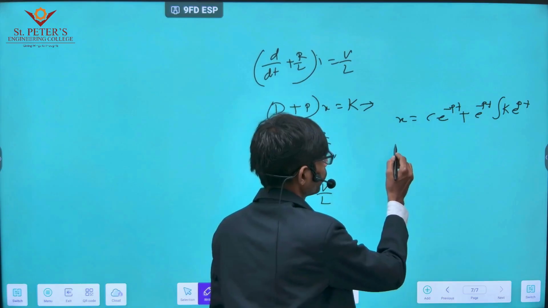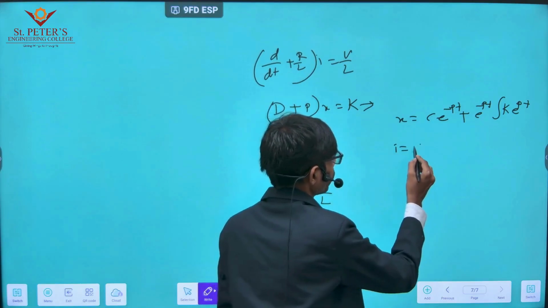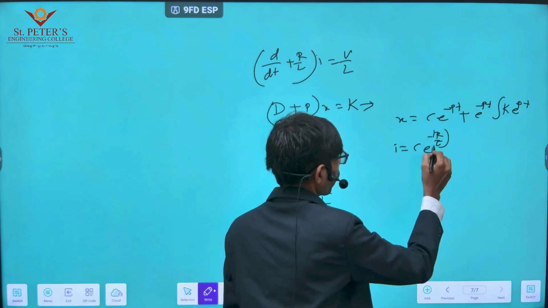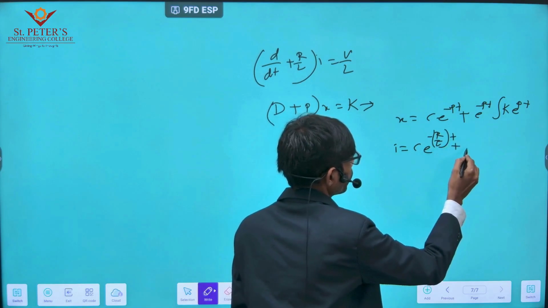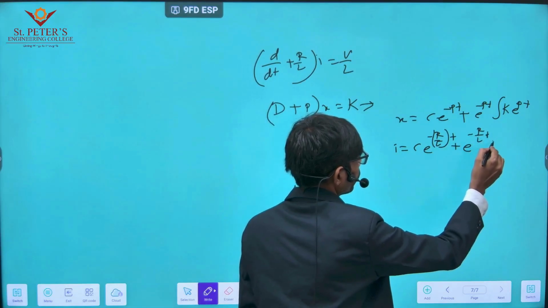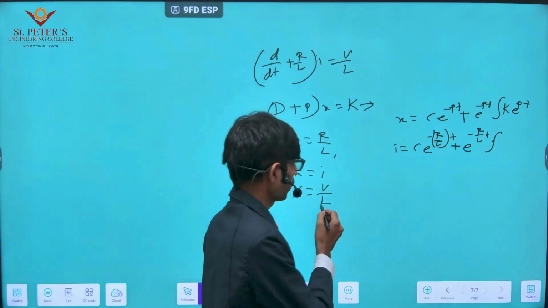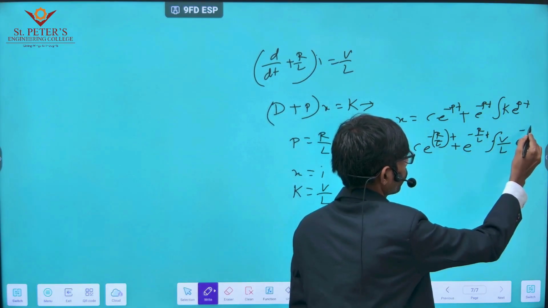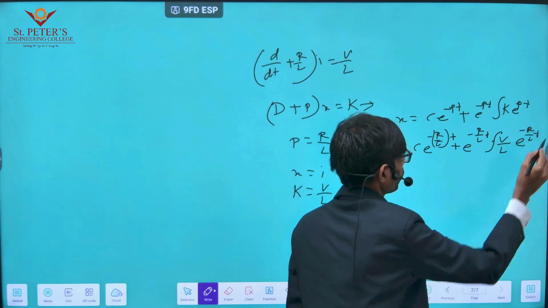Now you will get I equal to c e to the power of minus R by L t plus e to the power of minus R by L t integral of k, meaning V by L, e to the power of R by L t.